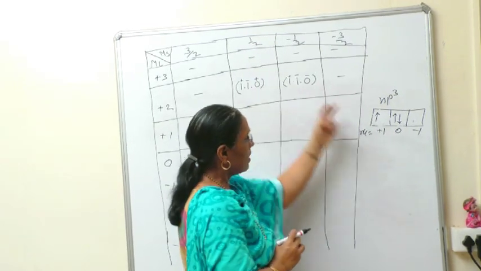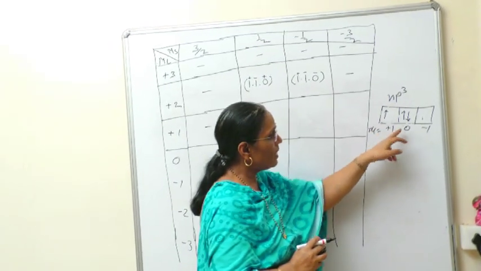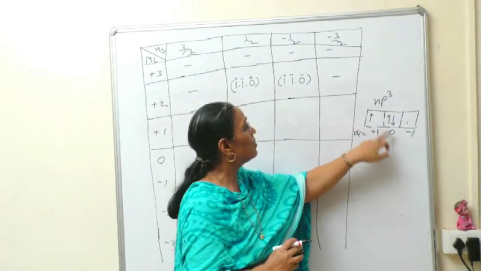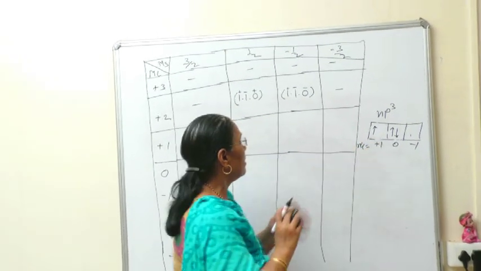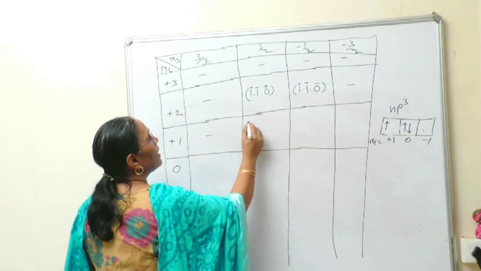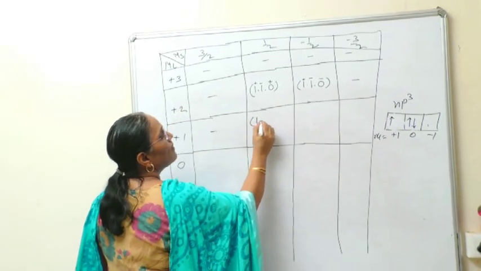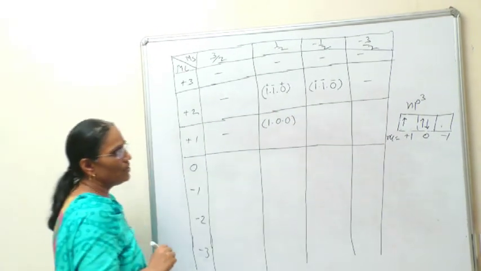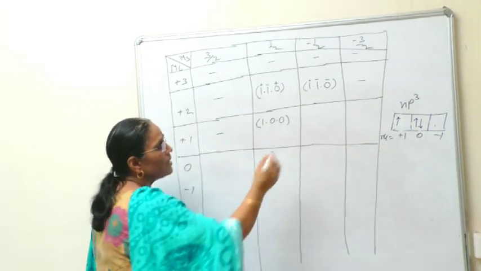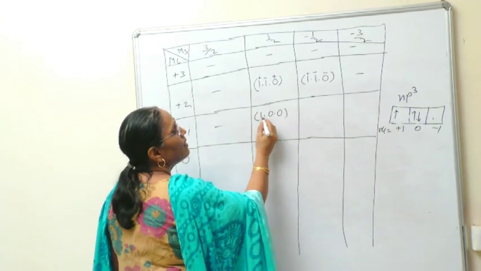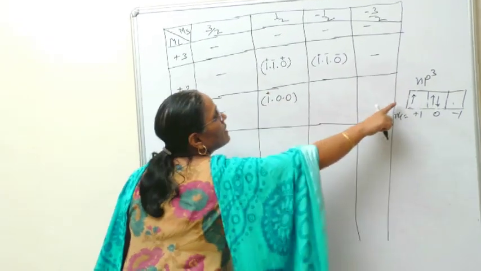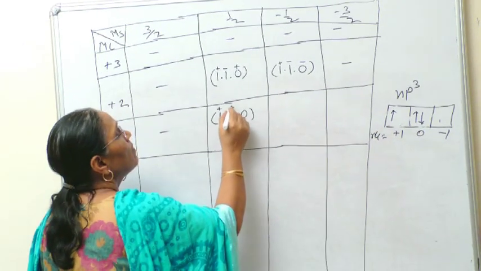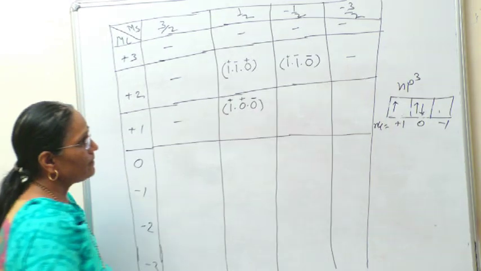Under plus 1/2, the total ml for both these electrons is 0, and for this electron it is 1. Therefore this microstate can be written as 1, 0, 0, and their spin values are plus 1/2 for the electron in 1, and plus and minus for the 2 electrons in 0.